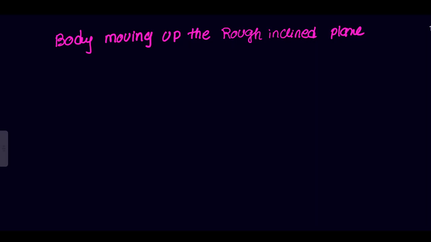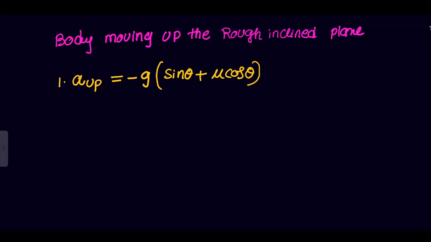The acceleration, a up: what is the acceleration formula? That is minus g into sin theta plus mu cos theta. Here the minus sign indicates the opposite direction. Sometimes we get confused by the minus sign.